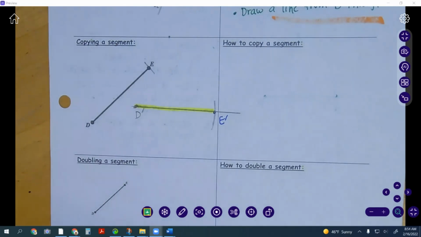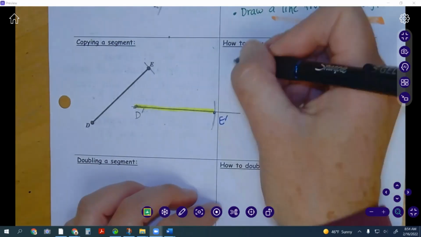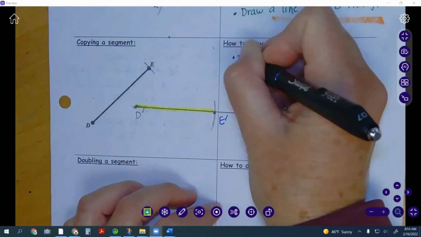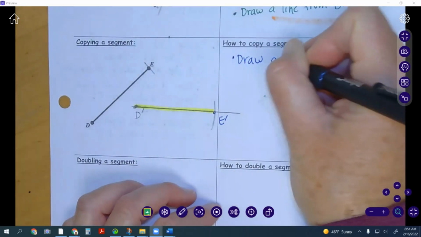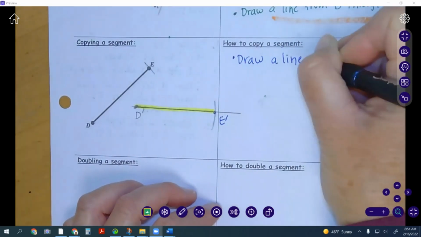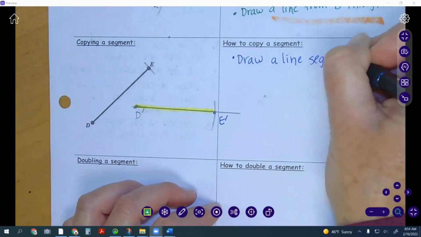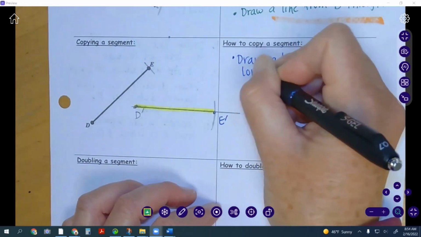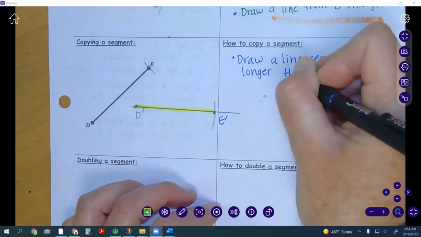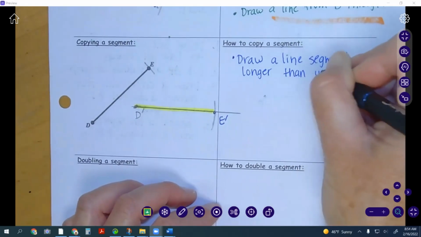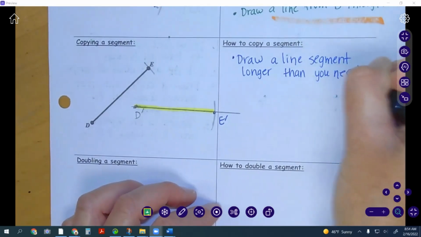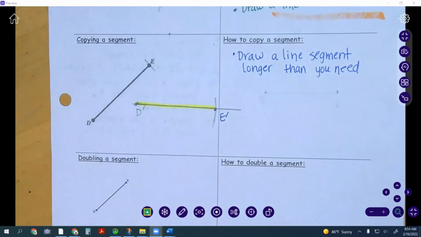So in terms of steps, draw a line segment longer than you need. Okay, we're going to draw one longer than we need. We don't want to be too short with it.